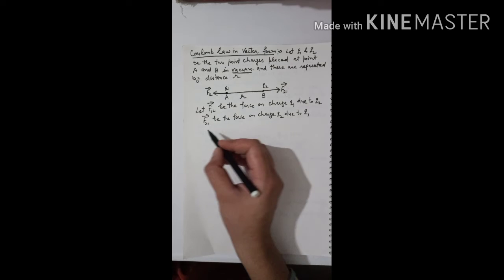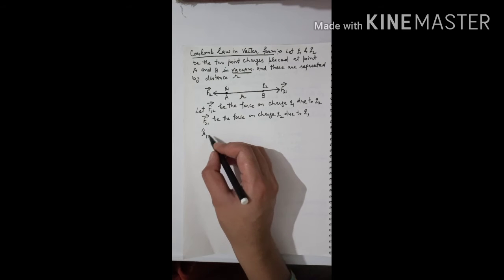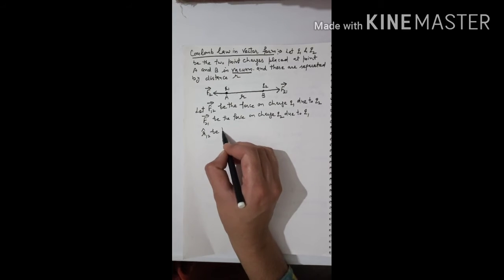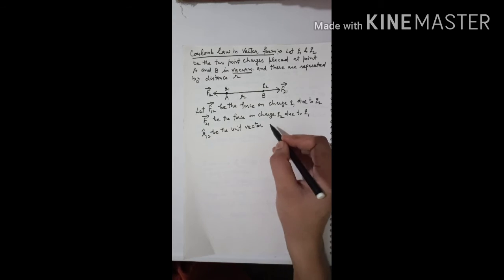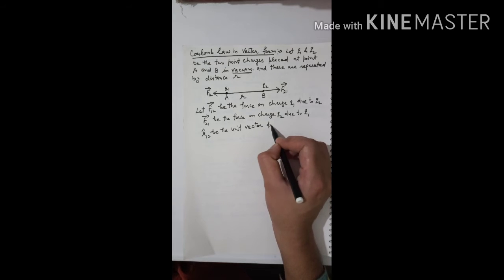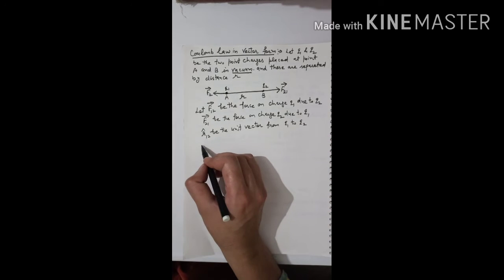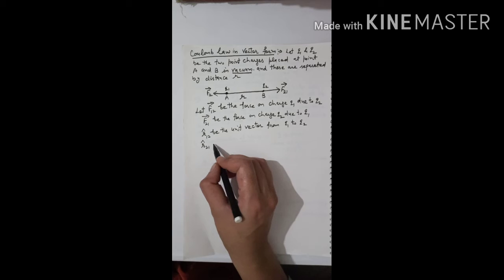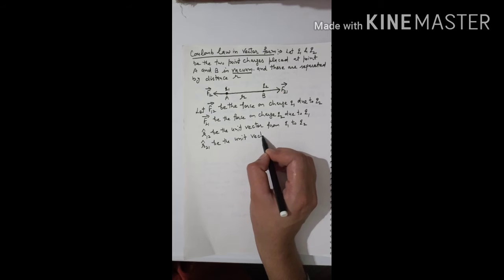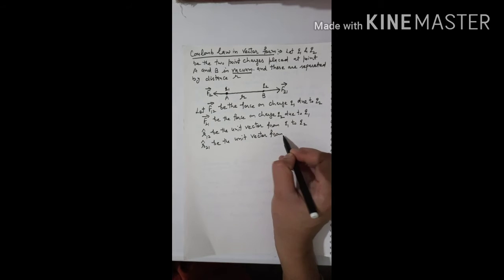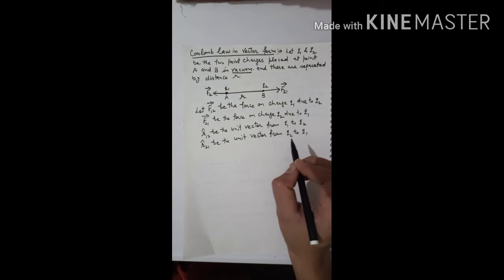So here are two unit vectors, r12 cap and r21 cap. Let r12 cap be the unit vector from Q1 to Q2. Similarly, r21 cap be the unit vector from Q2 to Q1, right to left.